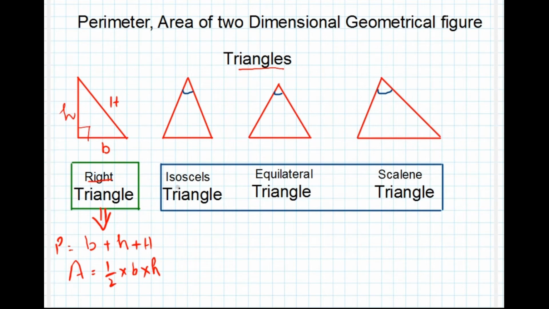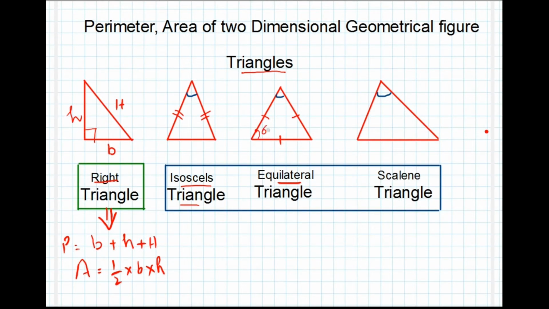Next shape of triangle is the isosceles triangle. It has two equal sides, and opposite angles are equal as shown. Equilateral triangles have all sides equal and all angles are also equal, that is 60 degrees each.